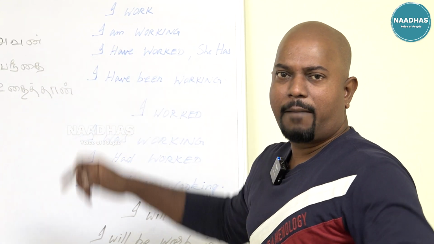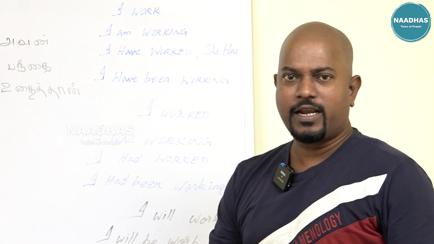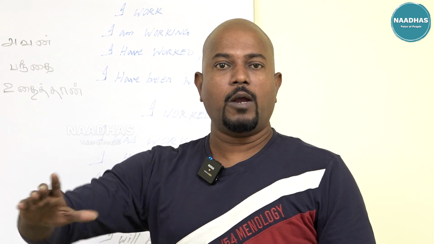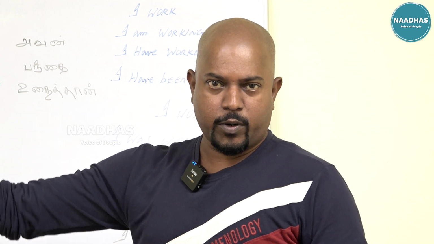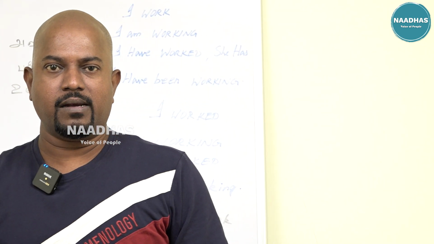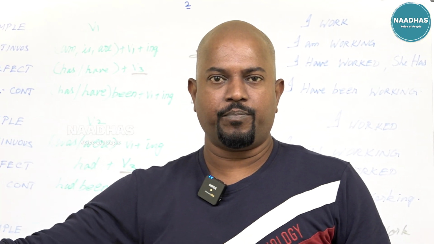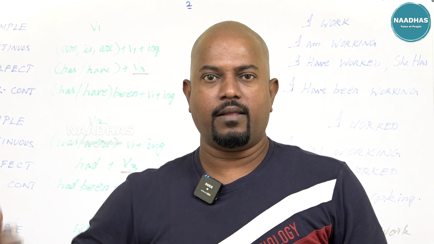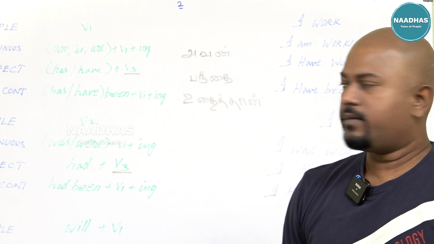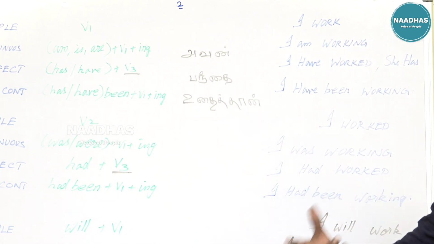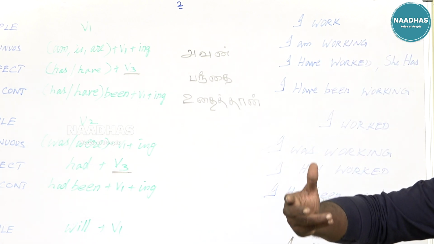For am, the past tense is was. I am working means right now I am working. I was working. I was working in Wipro. I was working in some engineering company. I was working in the technical industry. I was working in UK. So I was, he was, she was, all right?